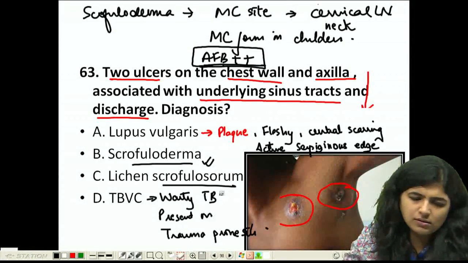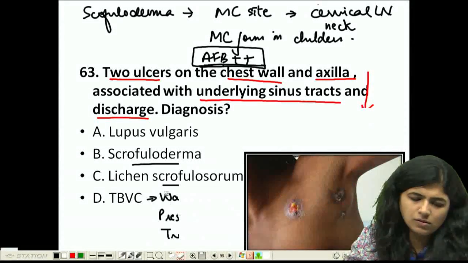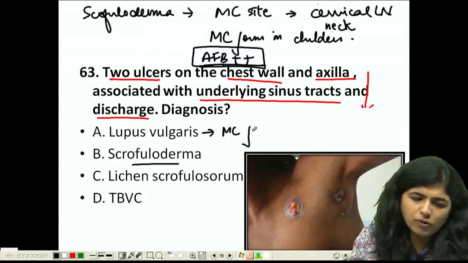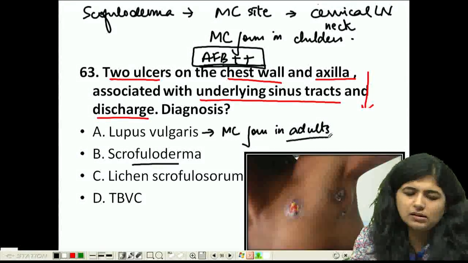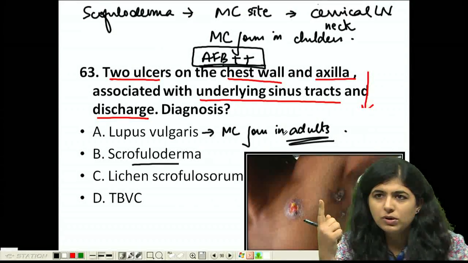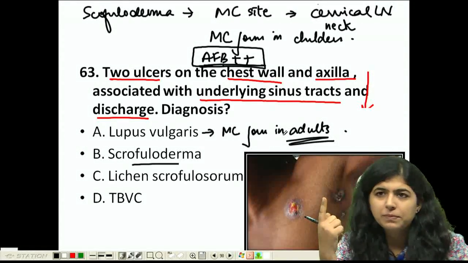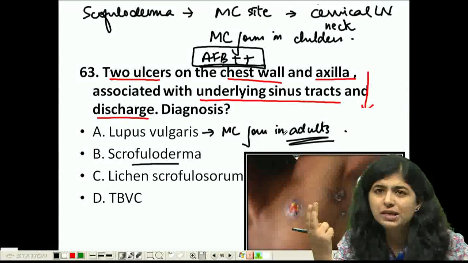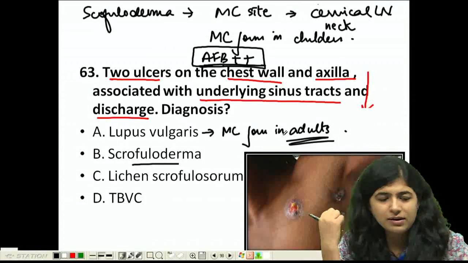Lupus vulgaris is the most common form in adults. Clear to everyone? So most common tubercular ulcer, most common cause of tuberculosis of the skin in children, scrofuloderma. Most common tuberculosis of the skin in adults, lupus vulgaris.